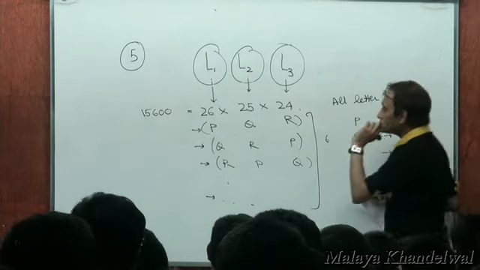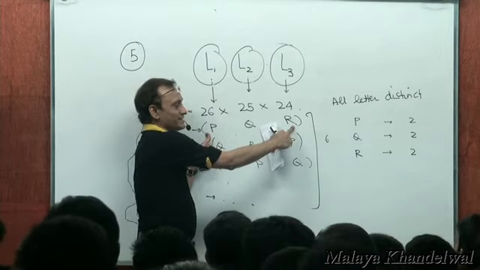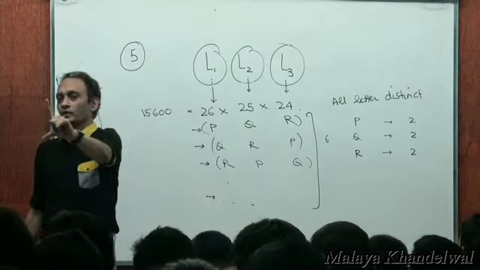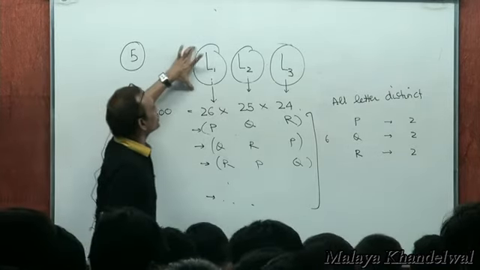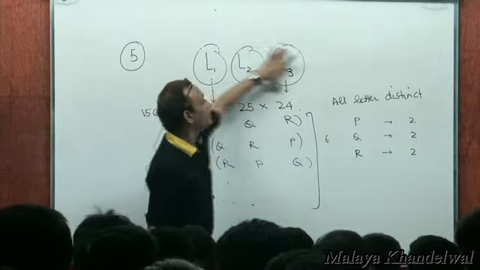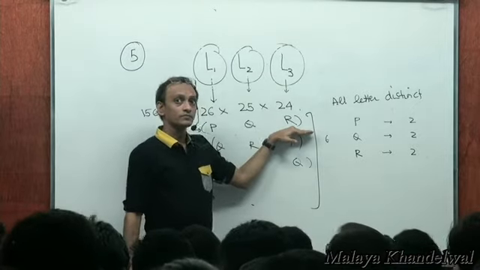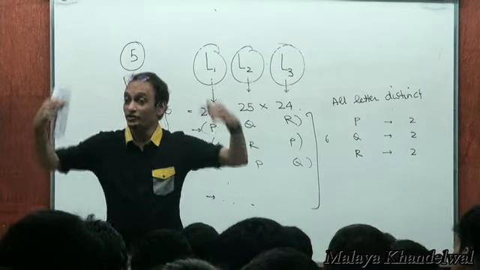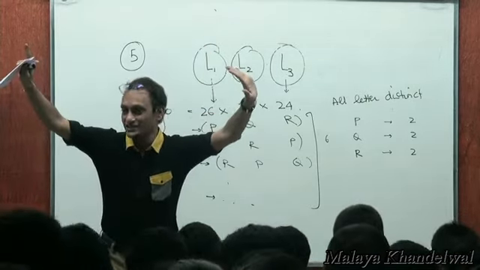So every set of 3 distinct letters that have been consumed towards constituting a word L1, L2, L3, that set of 3 letters has appeared in different arrangements 6 times. Do you understand this?